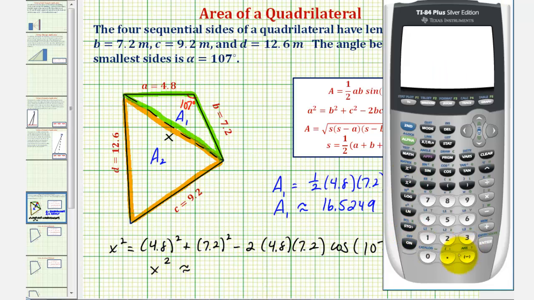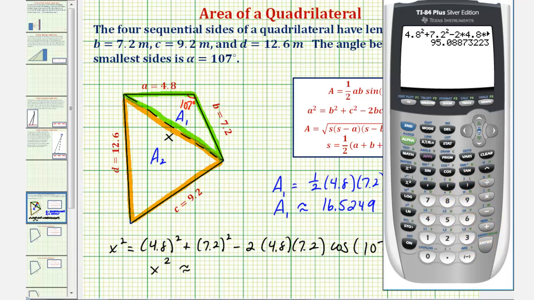So we have x squared equals 4.8 squared, right arrow, plus 7.2 squared, right arrow, minus 2 times 4.8 times 7.2 times cosine 107 degrees.